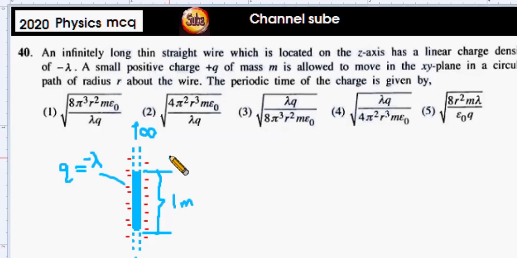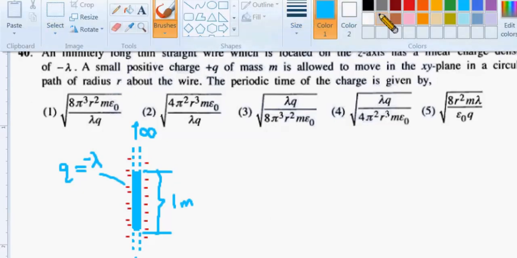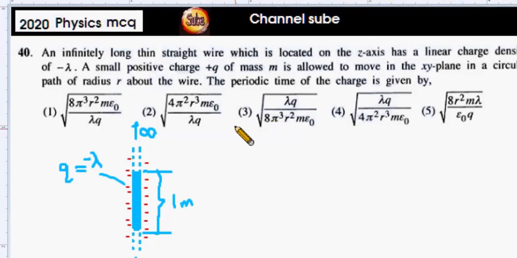So now we can draw the particle. In the question, they say that a particle having positive plus q charge rotates around this wire.